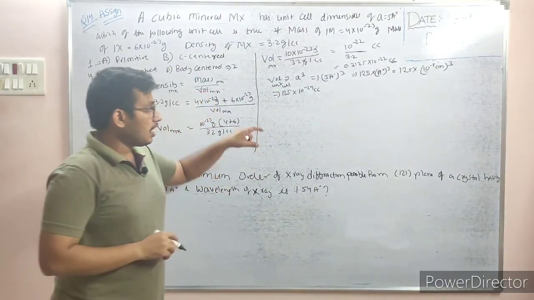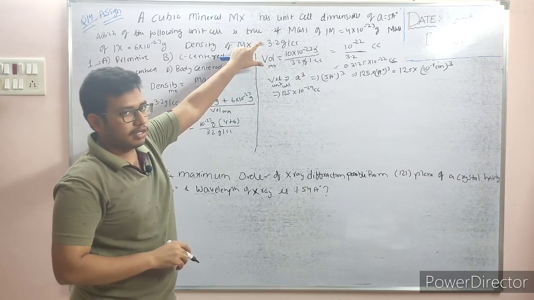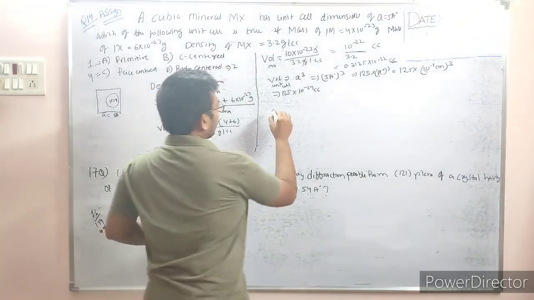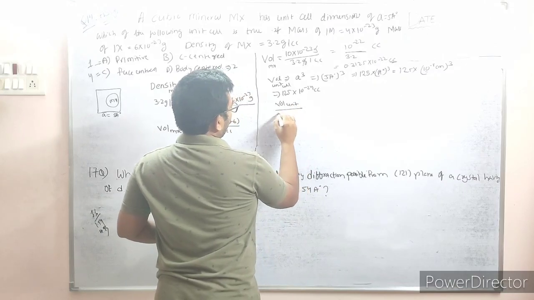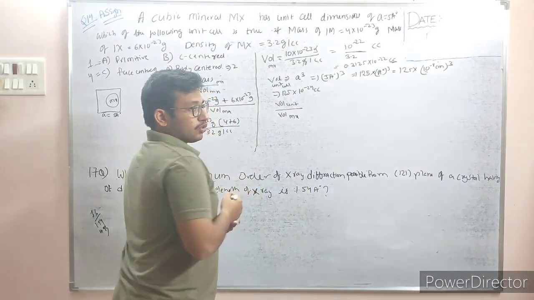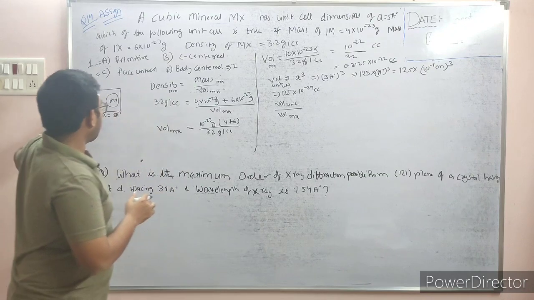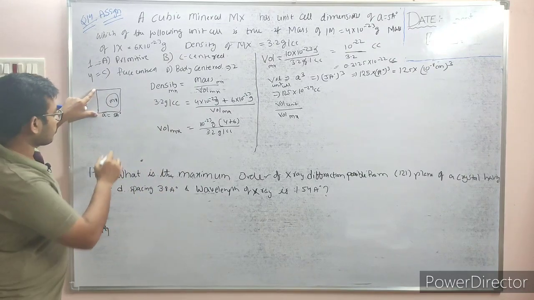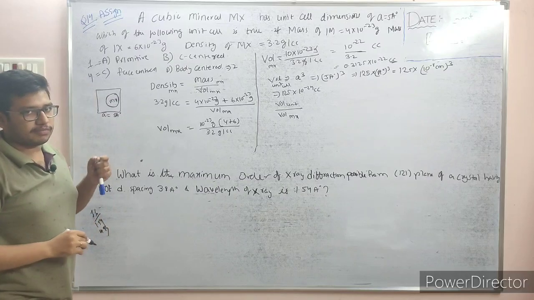Okay. Now if we divide the volume of unit cell by volume of mineral atom, volume of unit cell upon volume of mineral atom, which is mx. So why are we dividing this? Because in this unit cell a mineral mx forms the atom, right?